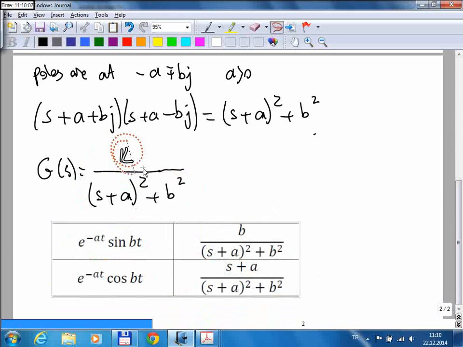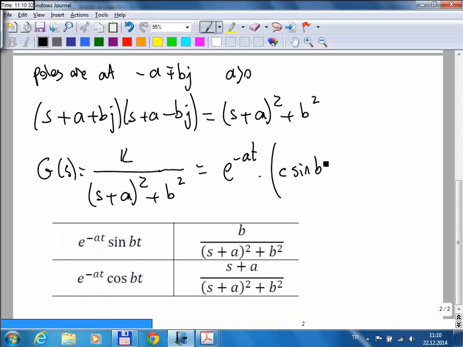So depending on what you have on the numerator, you will have some combination of these two terms here, which means you have an exponential function multiplied by oscillating terms. So in the general sense you will have something like this.